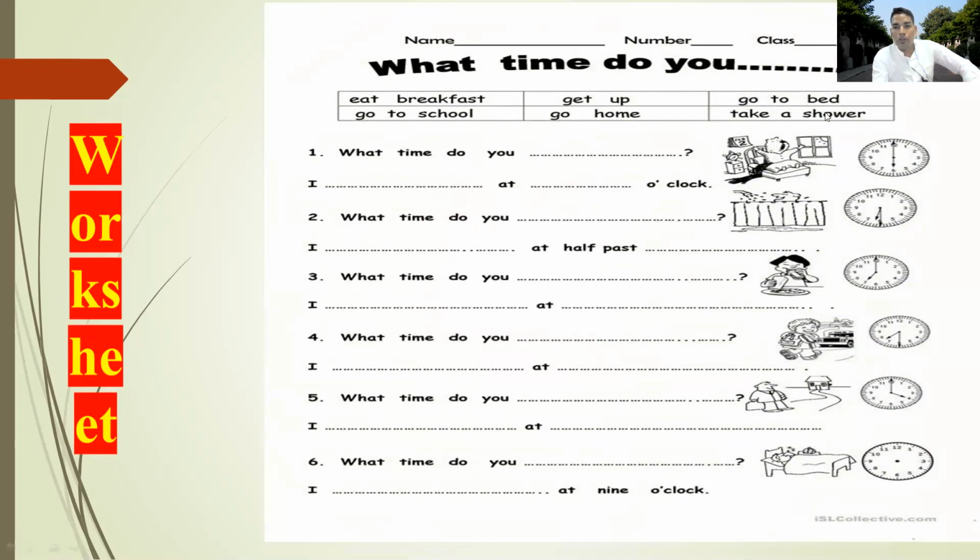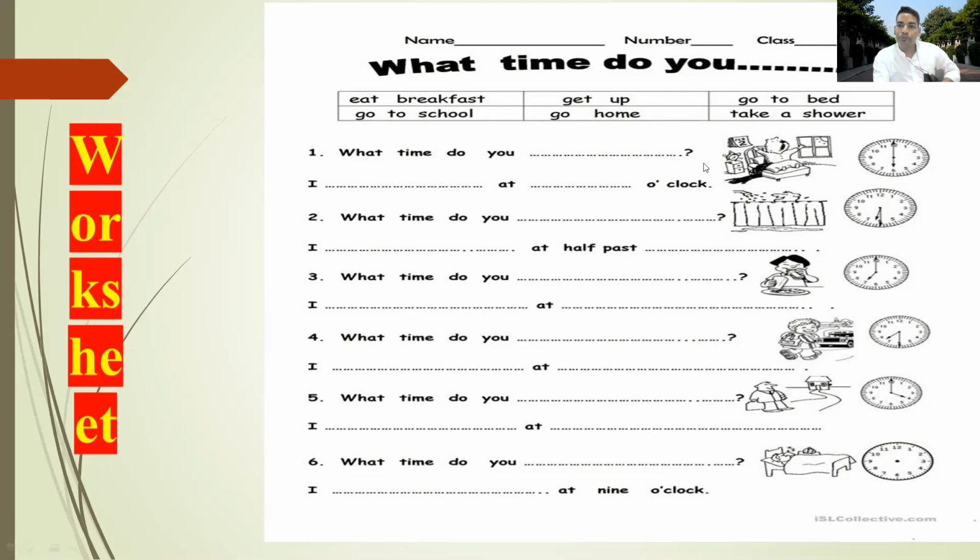You can see the picture, what picture it is, and you read the question, number 1, number 2, number 3, number 4, number 5, and number 6, six questions in total, with 6 options. So you can find the correct answer from here and fill in the blank. What time do you, one question I will answer myself.